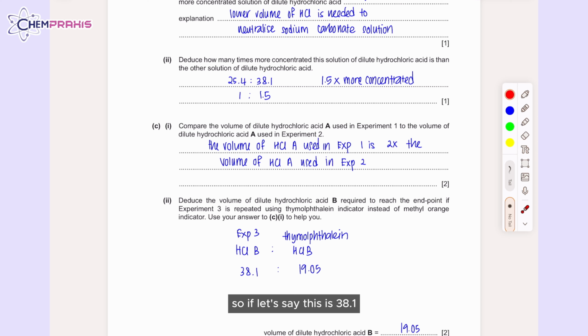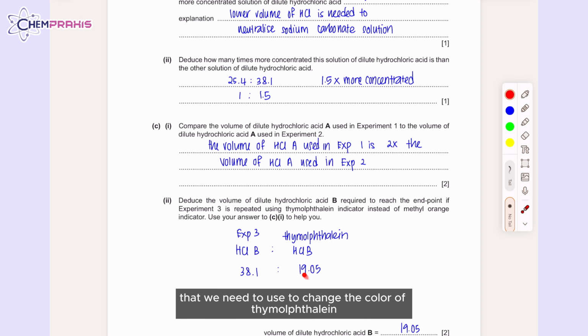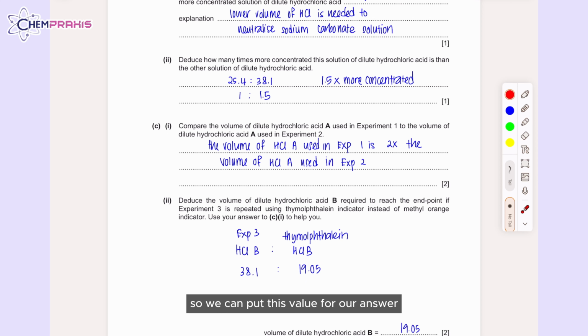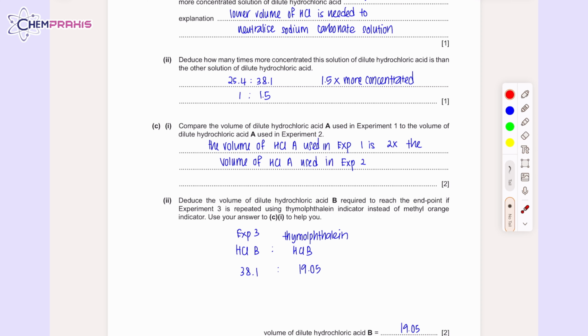So if, let's say, this is 38.1, we can divide this value by 2 in order to get the volume of HCl B that we need to use to change the color of thymolphthalein. So we can put this value for our answer.